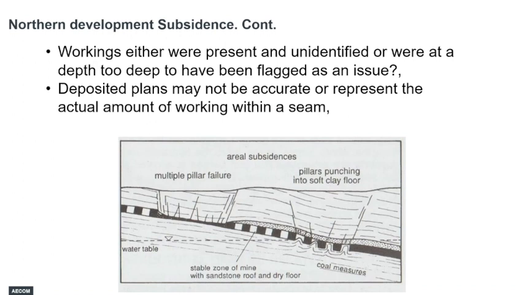So at this location, we had a real subsidence, which was possibly a multiple pillar failure situation that we've got illustrated from this earlier slide. So I'm hoping now you're getting the idea of what needs to be considered and all the variables that have to come into assessing mine workings when you've got this sort of situation.